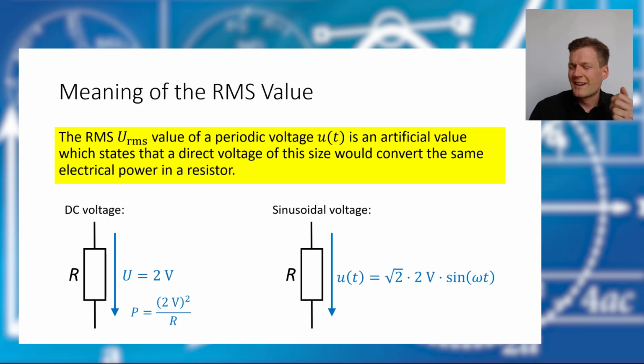Why that? Yeah, we will calculate it in a minute. That leads to an RMS value of exactly 2 volt. And that means that the mean power consumption of this resistor is also (2 volt) squared divided by R. So the same as if we had a DC voltage of 2 volt.